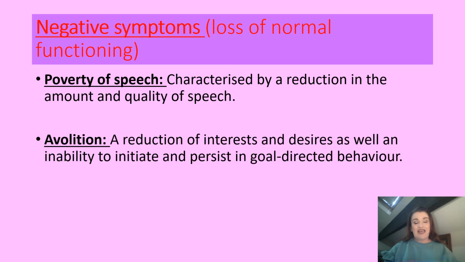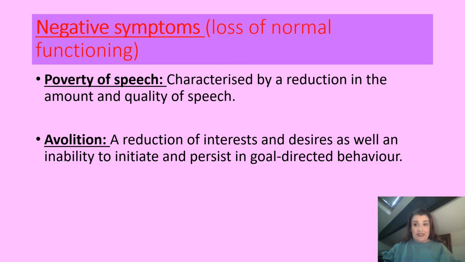Another one is avolition. So this is where individuals with schizophrenia reduce the activities that they would normally carry out. They don't have goal-orientated behaviour. If we look in the booklet, that last sentence, to be classed as avolition, there must be a reduction in self-initiated involvement in activities that are available to the patient.